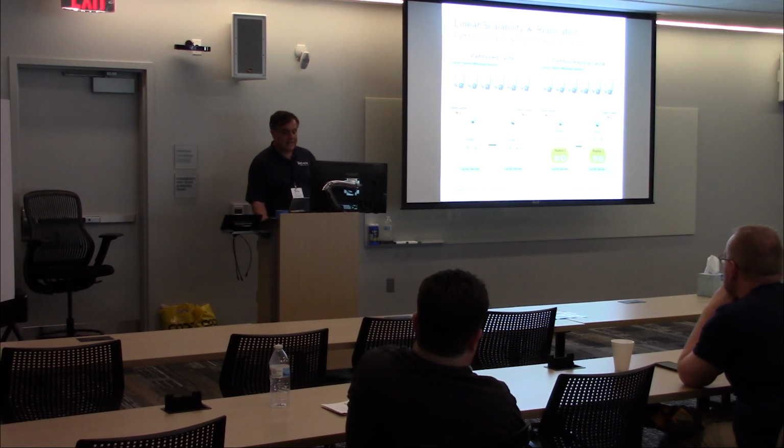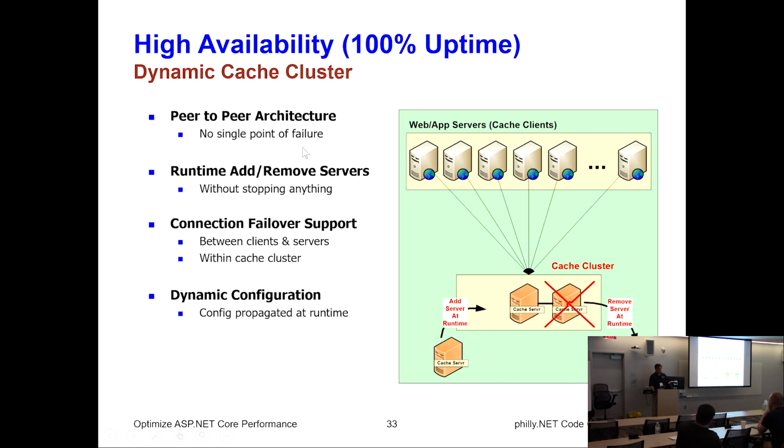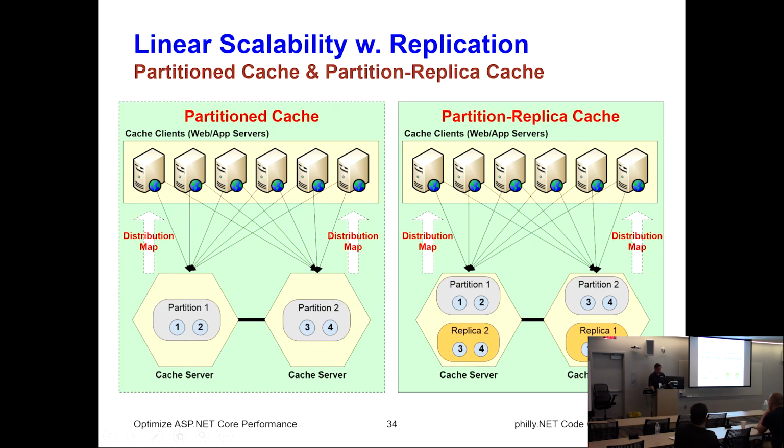The second aspect is linear scalability, which is that partitioning, and again, linear scalability with dynamic adjustment of partition. So one of the things that NCache does automatically is, let's say you have a 2-server configuration, so that's 2 partitions, and now you want to add a 3rd server, so that's a 3rd partition being added.